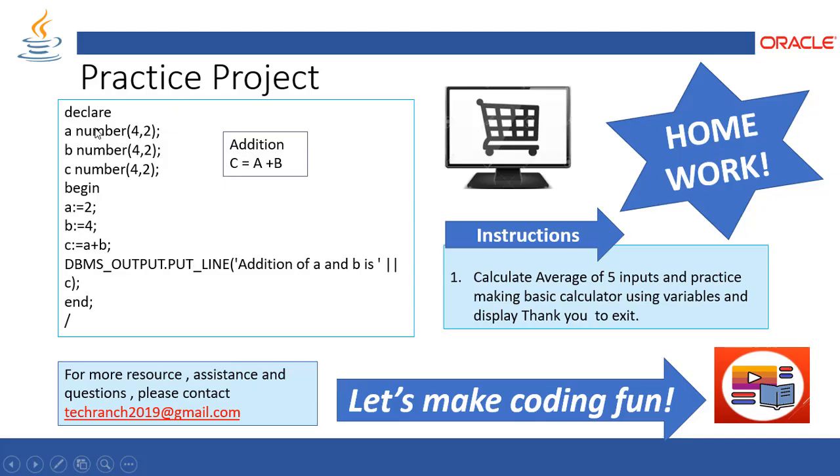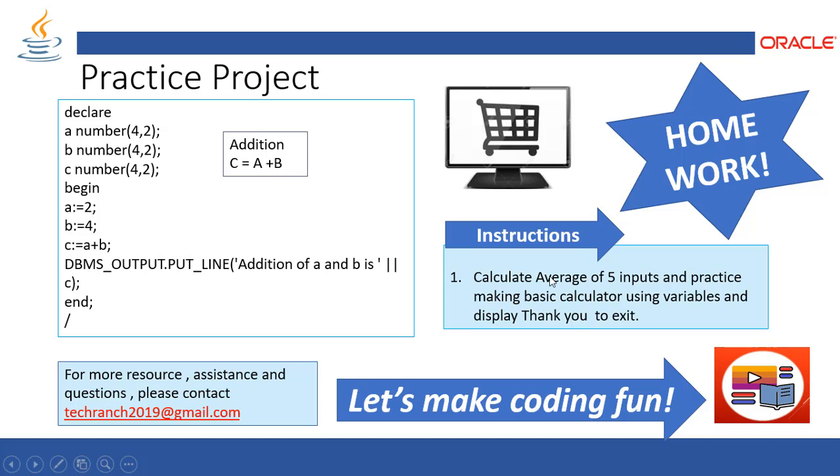For the practice project, I have instructions here for you. Just like in a programming language, we have addition, subtraction, multiplication and division. I have sampled here addition of 2 digits: A plus B equals C, and printing the C value.